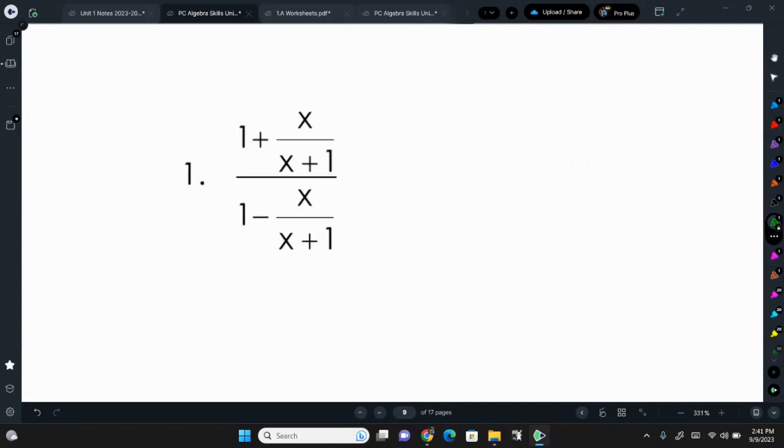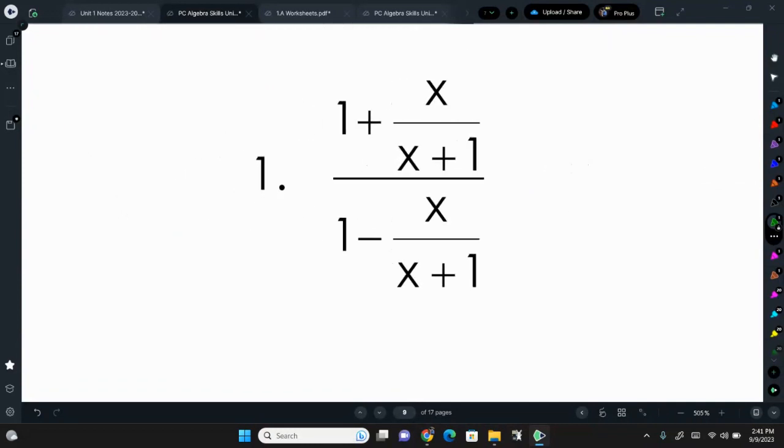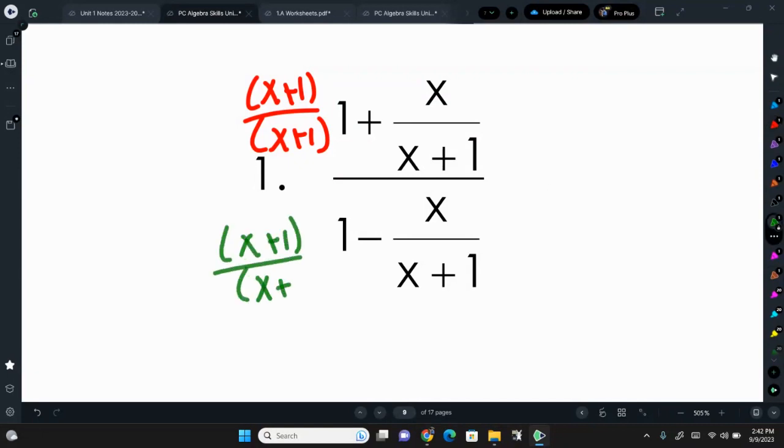All right, in problem number 1, we can rewrite this by multiplying the top and bottom by x plus 1. That way the denominators of the top fraction match. And then down here, we can also multiply the top and bottom by x plus 1.